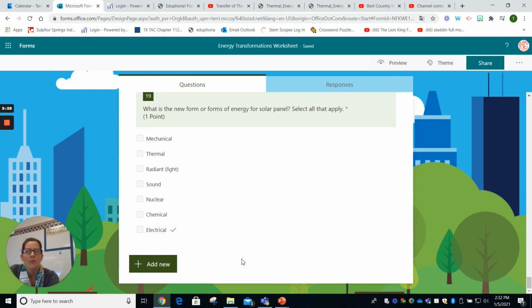But write down as many as you can, and then I want you to send me an email tonight or today and tell me how many energy transformations you found and list a couple for me. If you want to list them all, it'd be super cool. If you just want to list a few for me, that's all right. But I want to know your total number that you found and at least list me a few, okay? Maybe 3, maybe 4, something along those lines. That's going to be a little bit of extra credit for this assignment right here.